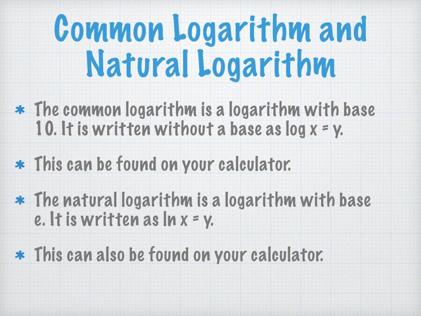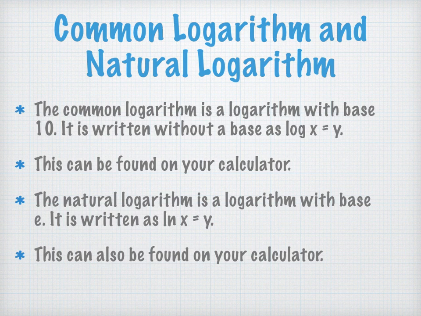The natural logarithm is the logarithm with the base e. It's written as ln of x equals y. So in your calculator, you would either see ln or you'd see ln x. These are the two logarithmic functions that are found in your calculator. And for most of you, these are the only two logarithms that are found on your calculator.